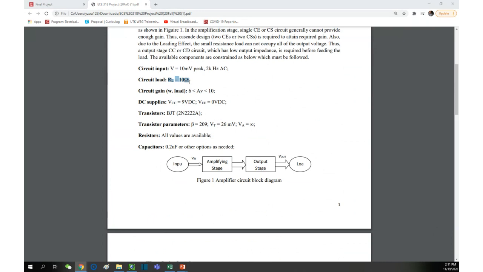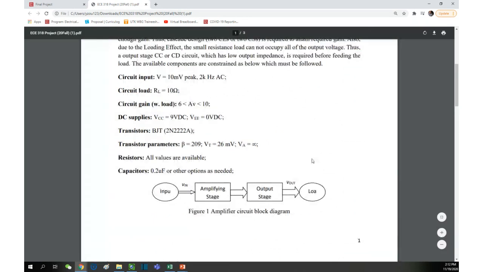How can this guy occupy a lot of voltage? Does it make sense? That's the tricky part. That's exactly why we need the output stage to take care of the output resistance. You lower down the output resistance so that you are able to pass down the majority of the amplified voltage here to the load. Does this make sense so far?